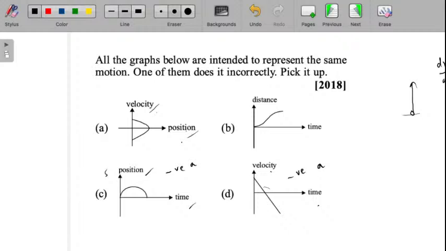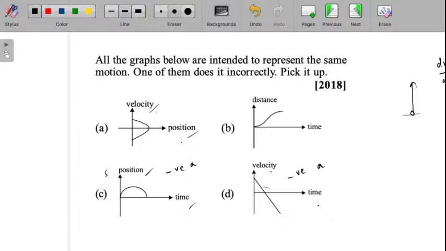Dx by dt is your v. So you have v dv equals a dx. That means if I do the integral here, I would get delta of v square by 2 equals a delta x, for a constant acceleration.